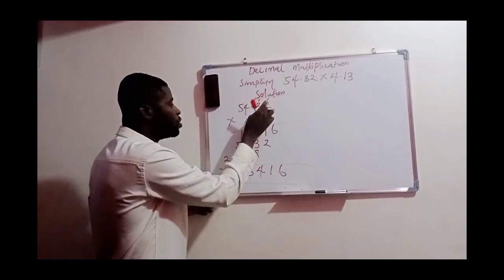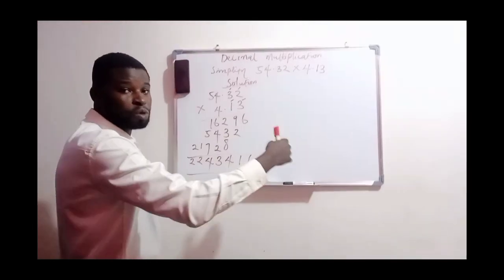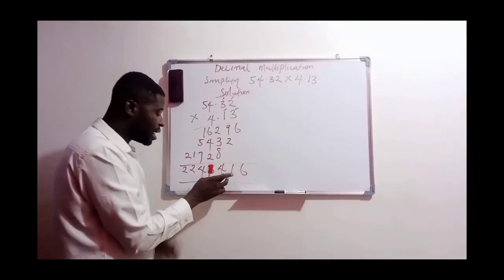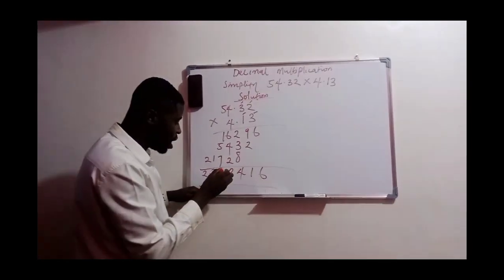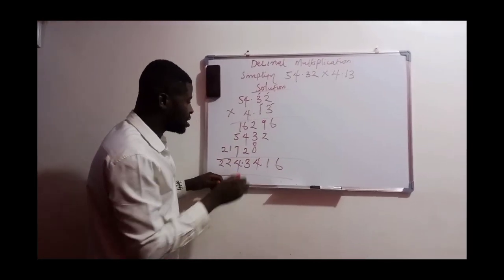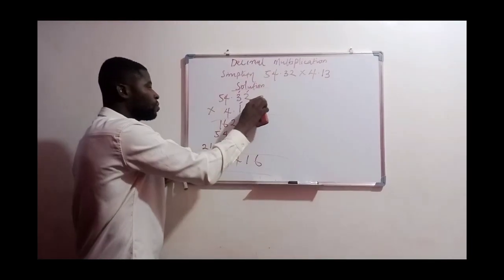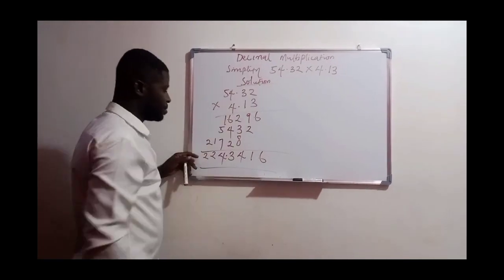We have 1, 2, 3, 4. Now you will still count again from your right hand side. That is 1, 2, 3, and 4. Now the decimal point will take this place, and this is the final answer.